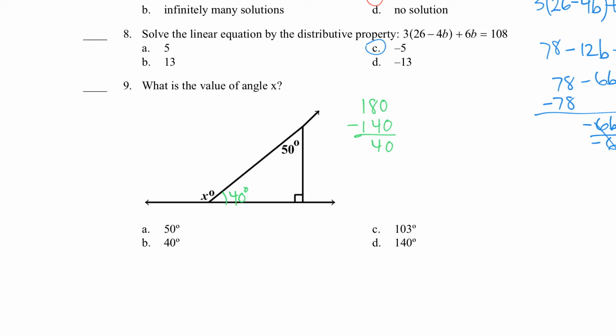And then I'm going to use another similar idea. Every straight line here, this is a straight line, and I've used up 40 of those degrees. So what's the measure of the outside here? The rest of it that's going to make 180. Well, to find out, I would take 180 and subtract 40.